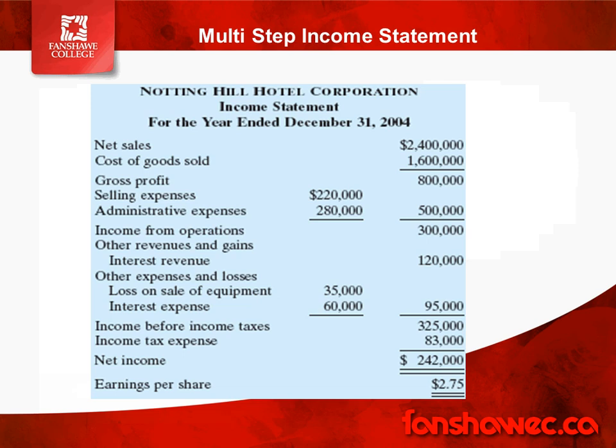We start with our net sales, we subtract cost of goods sold to get to gross profit. That's the same way every single time. Then you go into the rest of your operating expenses. Again, this example has them grouped by functional area, right, to get to our income from operations. And then we deal with our non-operating activities, which is other revenues and gains and other expenses and losses.